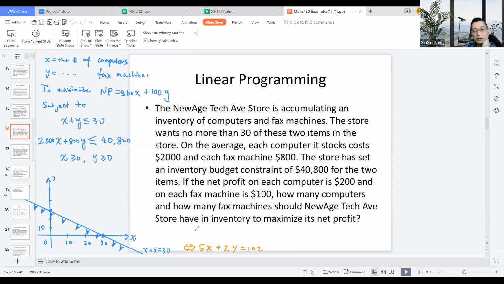The 2 points: when x equals 0, y equals 51. When y equals 0, you have 20.4 and then 0. Okay. You may not feel comfortable with that. For the moment, it's okay.